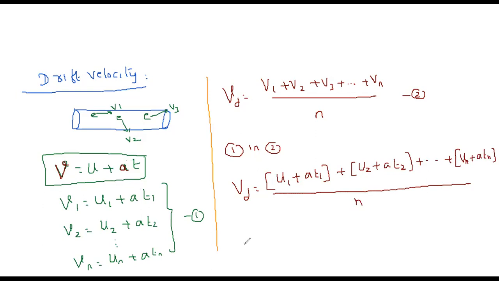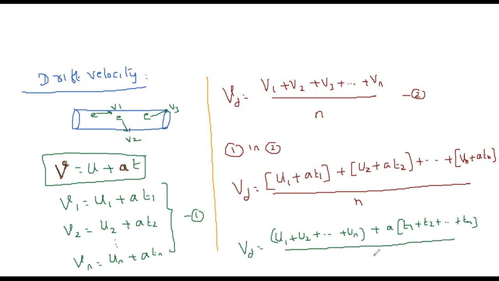So I rearrange them. Vd is equal to U1 plus U2 and so on plus Un, plus A into T1 plus T2 and so on plus Tn, by n. Check if you have any doubt till this point. If no doubt, I go to the next page.